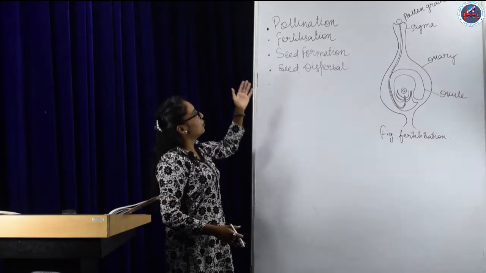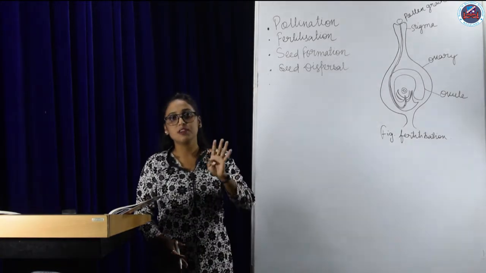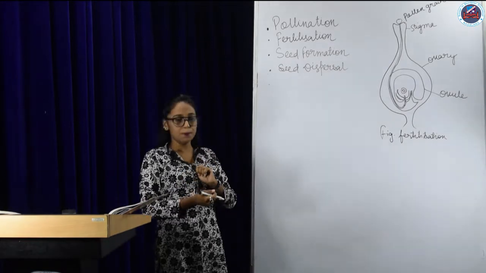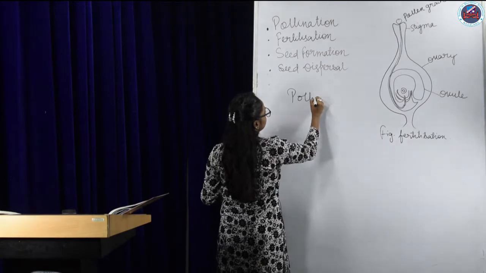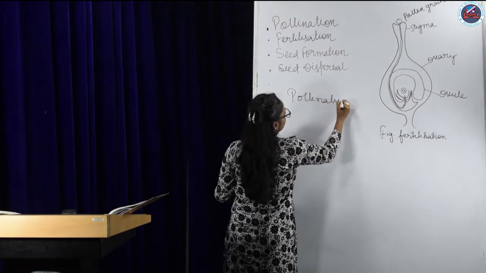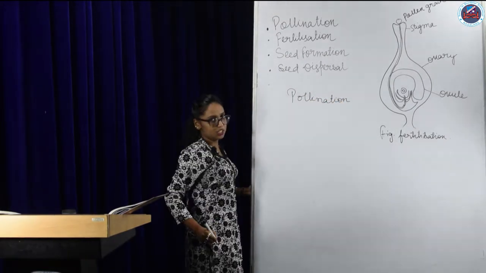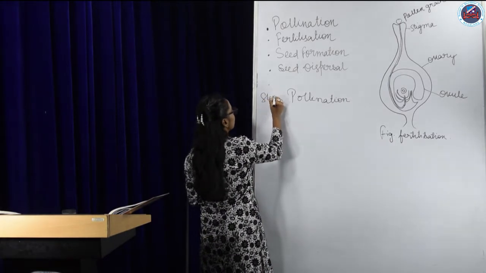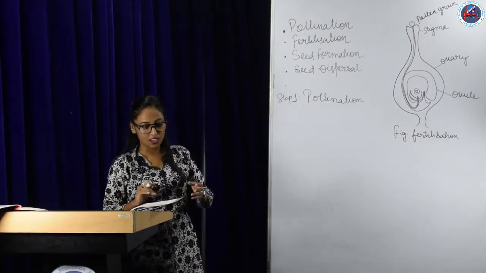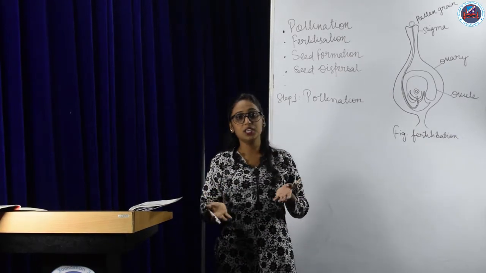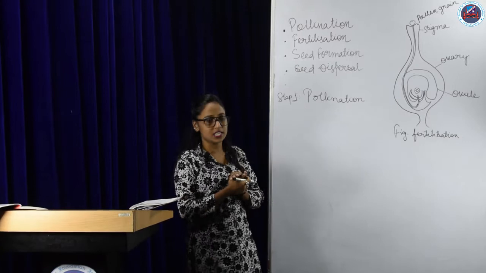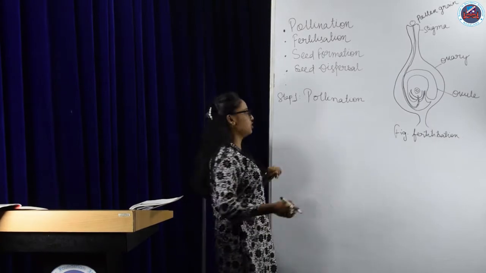Now let us break down the process of fertilization into four very simple steps. The first step is pollination. The steps of fertilization can be divided into four simple steps. The first step is pollination.